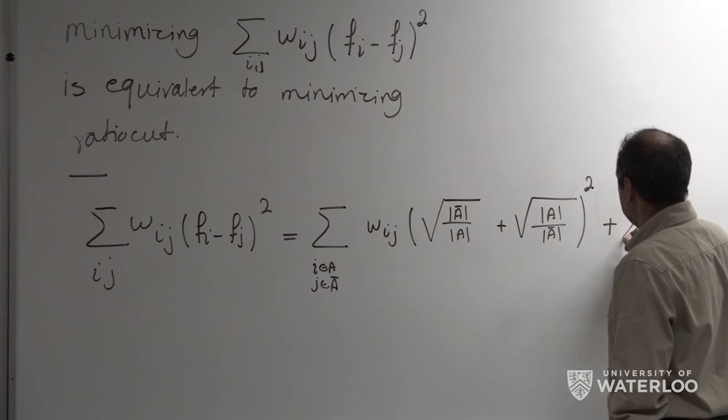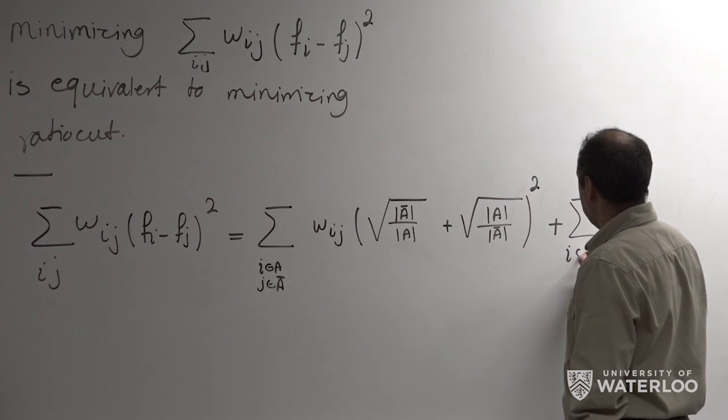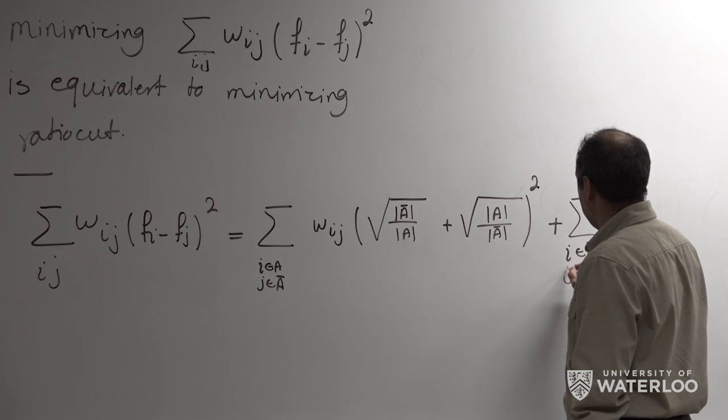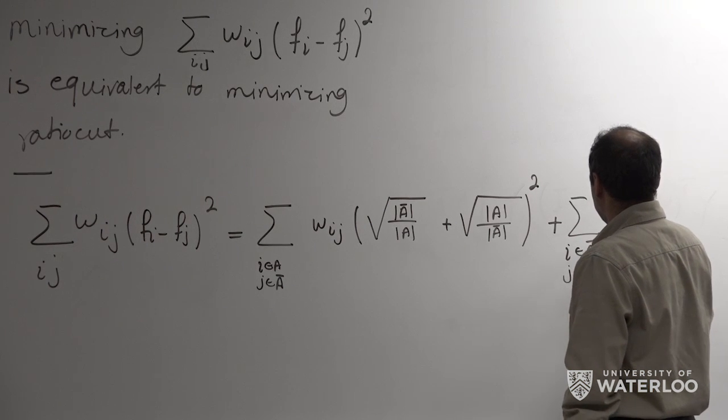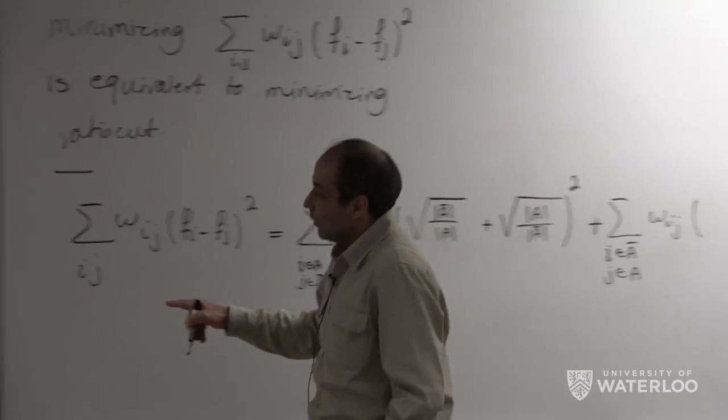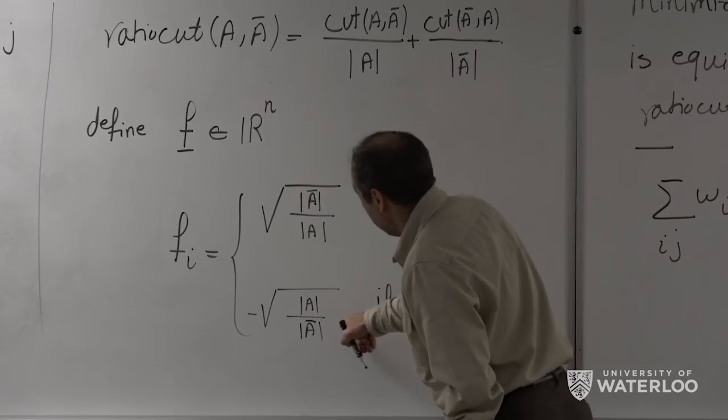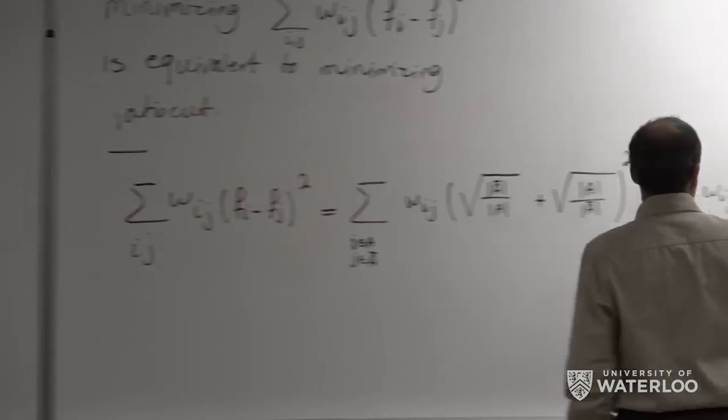Plus another term: if i is in set A bar but j is in set A, then this is w_ij times, and since i is in set A bar, f_i is negative.